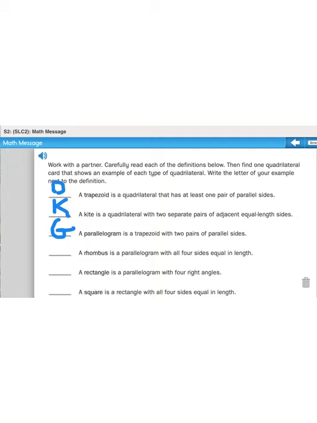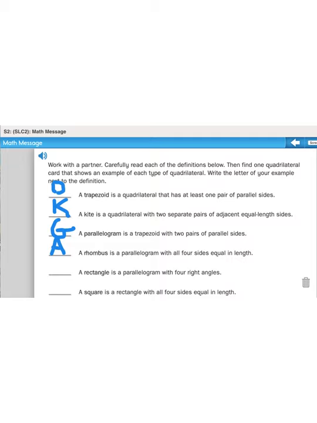The next one says a rhombus is a parallelogram with all four sides of equal length. So an example of that would be letter A. It has to meet the criteria for being a parallelogram and for being a rhombus.